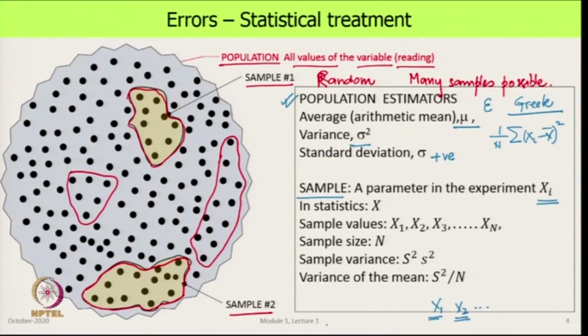Now, there is a slight possibility of confusion because of the symbols used. If you pick up a book in statistics or any notes, you will find that instead of xi, the book uses the symbol x. This is what is widely used in statistics.